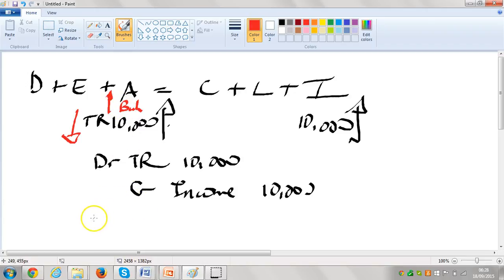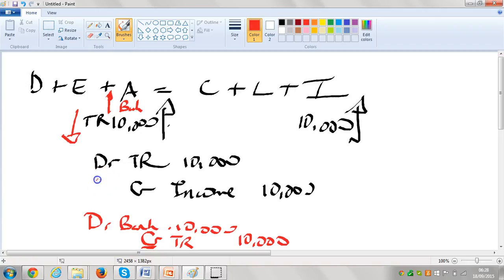So what we now recognize is that bank has gone up by 10,000, and we now credit 10,000 to trade receivables. You can see that this debit here, and this credit here in the same account, are opposing each other. It means this is sort of cleared now, but we'll come to that.